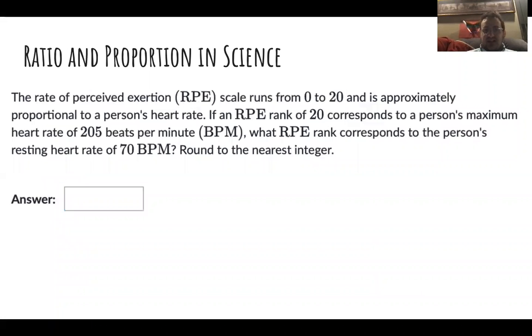Another thing that you may see on the SAT, this is a good question because I mean, I have no idea what rate of perceived exertion is. It's probably some type of fancy science term. But you're going to kind of run into concepts like these if you're going to be a science major. It runs from 0 to 20 and is approximately proportional. So this means, right, a proportion.